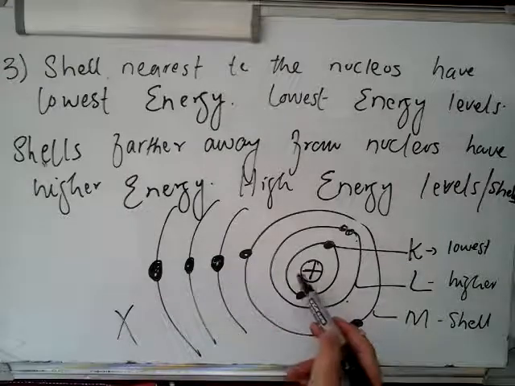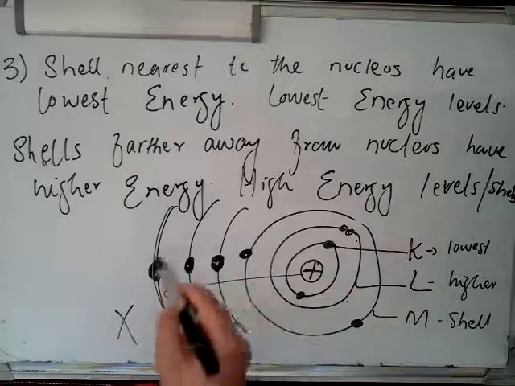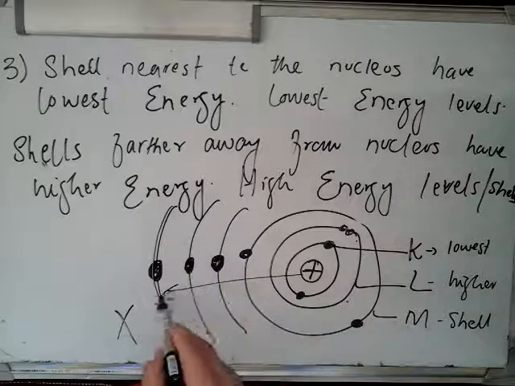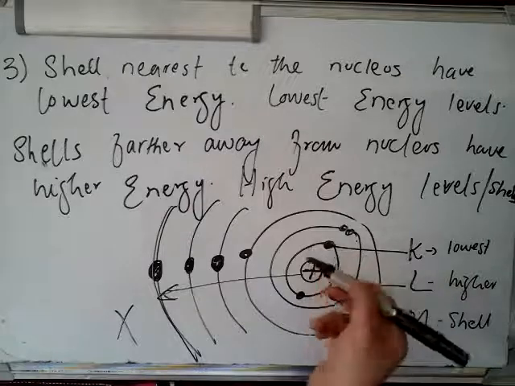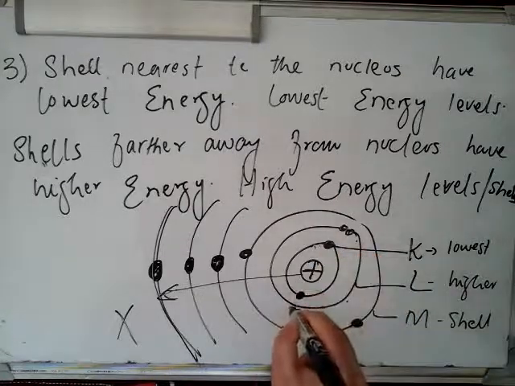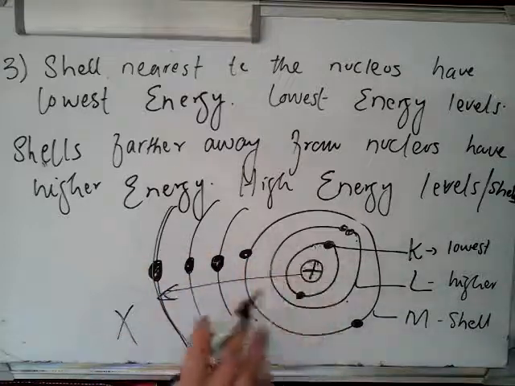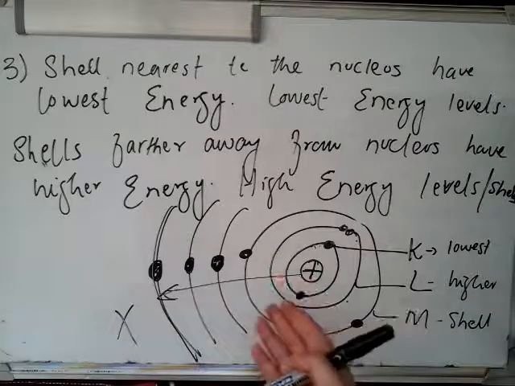Shells which are further away from the nucleus have higher energy, and those nearer to the nucleus have lower energy. Now this is the basic arrangement of electrons in terms of energy level.